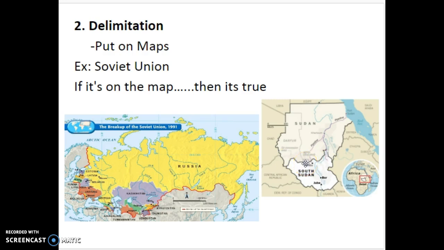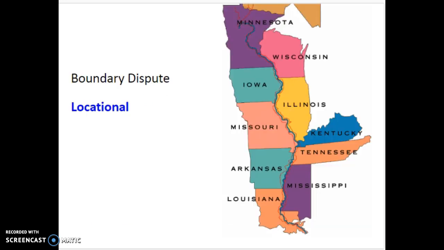Here again, when we delimit or actually put it on the map, we can run into another dispute, which we refer to as a locational boundary dispute. Here's a great example, again going back to the United States, in which the Mississippi River was originally the boundary. But a river can shift over time, as we see in the case of the Mississippi River.